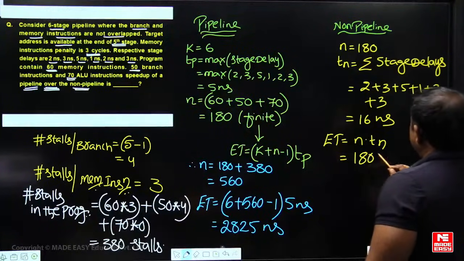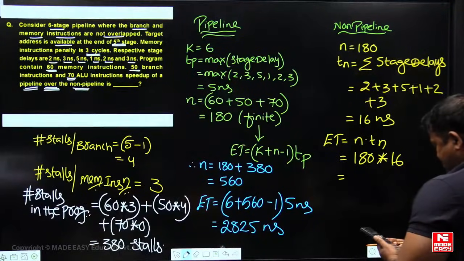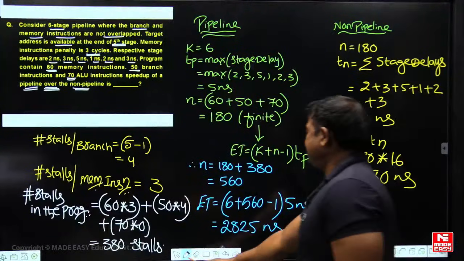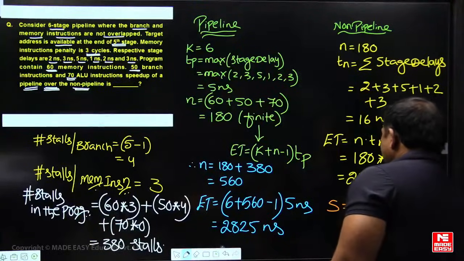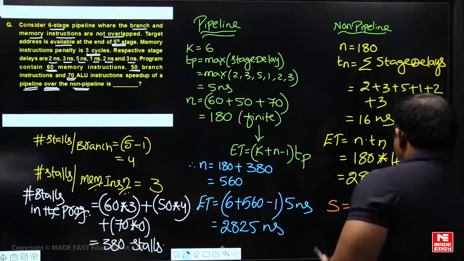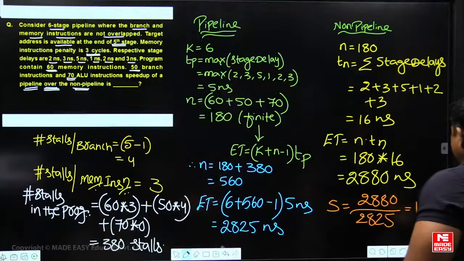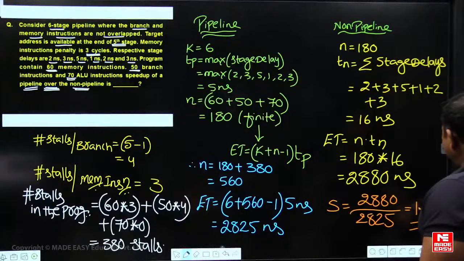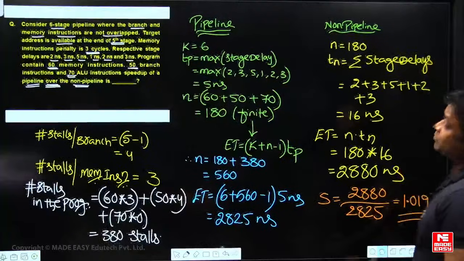N is 180, TL is 16. So 180 into 16 is 2880 nanoseconds. Now speed up S equal to non-pipeline execution time upon pipeline execution time: 2880 upon 2825. This is 1.01, up to 2 decimal places, or 3 decimal places, 1.019. This is the way to solve the question.